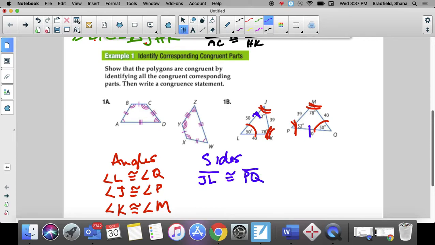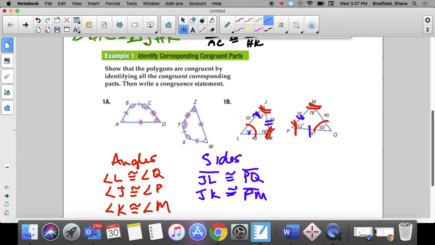And again, I ordered J, then L, and since J and P are congruent angles, I put P first, just like I put J first. Then I have the side that has a measure of 39. I'm going to put JK for the 39 side, and J has two congruence markers, and P has two congruence markers, so I'm going to put that up first, and PM.